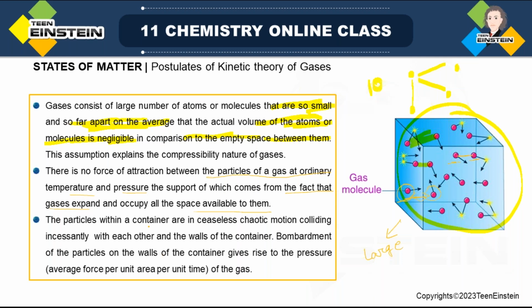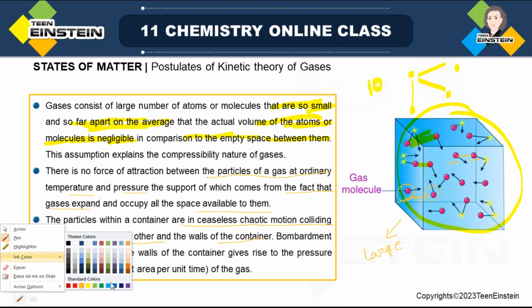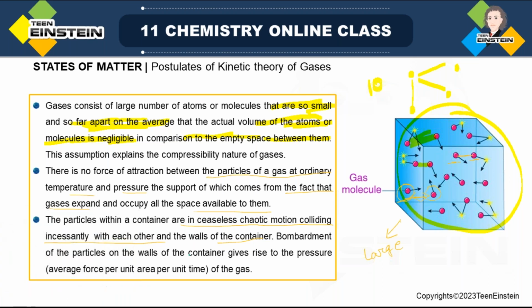The particles within a container are in ceaseless chaotic motion, colliding incessantly, without any rest, with each other, and not just with each other, they are also colliding with the walls. If you look at the picture carefully, suppose this particle is colliding with these walls.